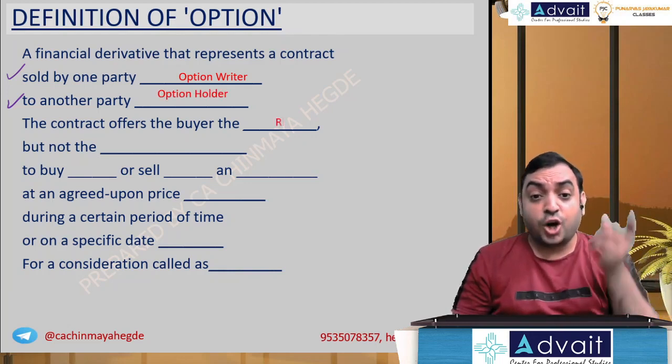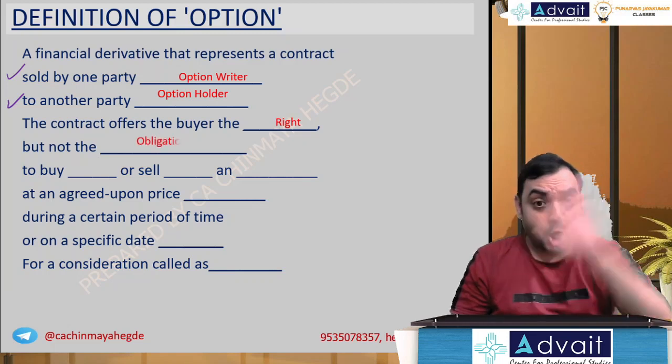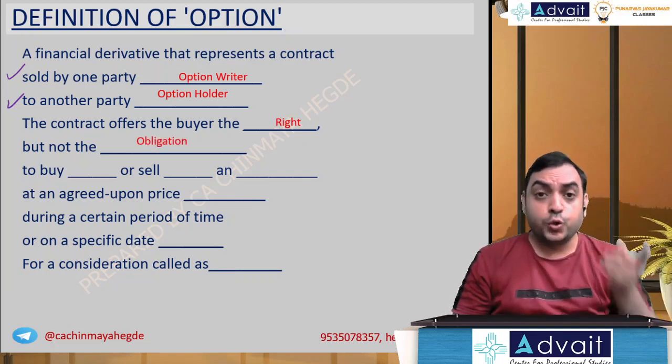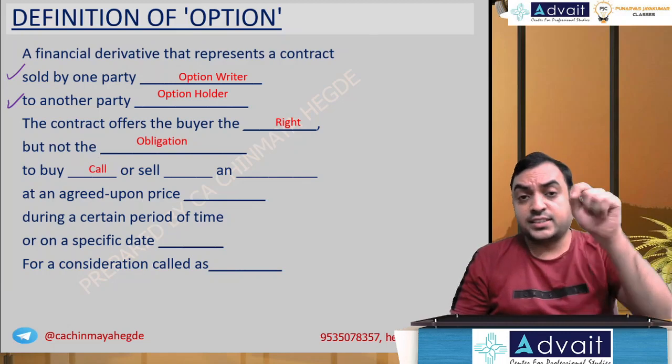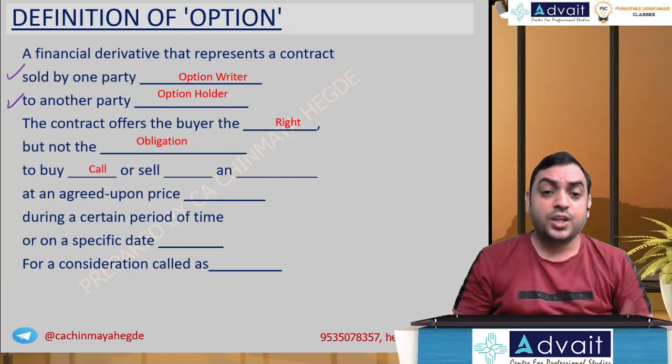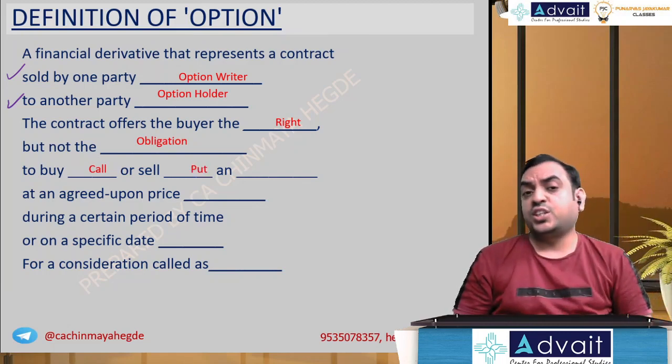The contract offers the right, but not the obligation, to buy an underlying asset, called a call option, or to sell an underlying asset, called a put option.